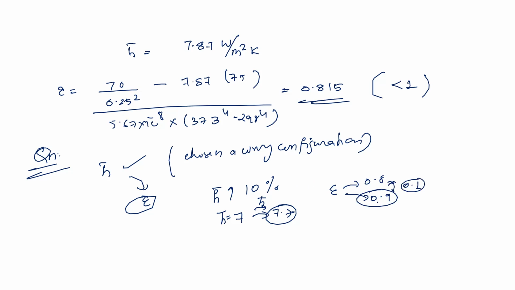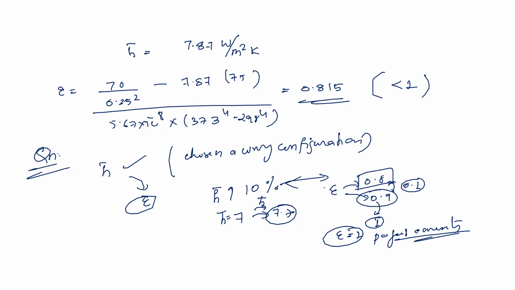If somehow you do the calculation and it comes to 1, which means epsilon equal to 1, that means perfect emissivity. So you need to be very careful in choosing this H bar value. So that's the importance of natural convection there.